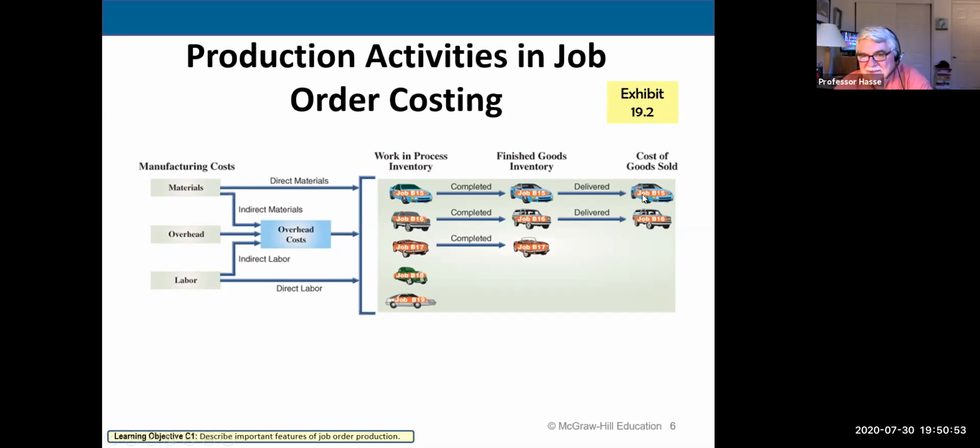We've seen this process a little bit in retail. In retail, it was all finished goods ready to be sold. You weren't producing it. Here, we're producing it, manufacturing it. But also, this is new in Chapter 19, these three types of product cost: materials, labor, and overhead.